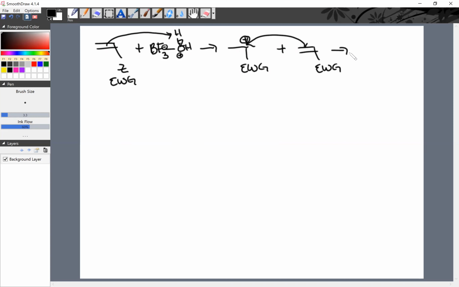Okay. Boy, I write big. Let me see. I'm going to have to write the carbons. And just like we saw before, the growing end of the molecule, in this case, is a carbocation.